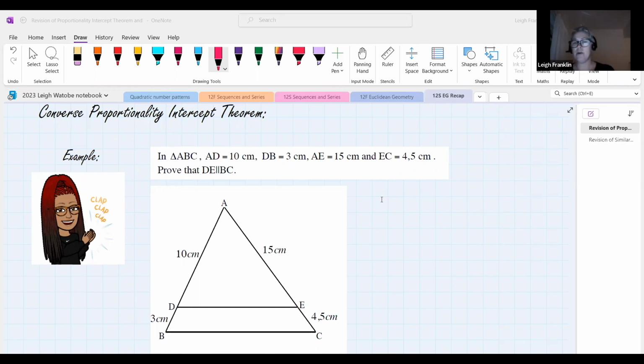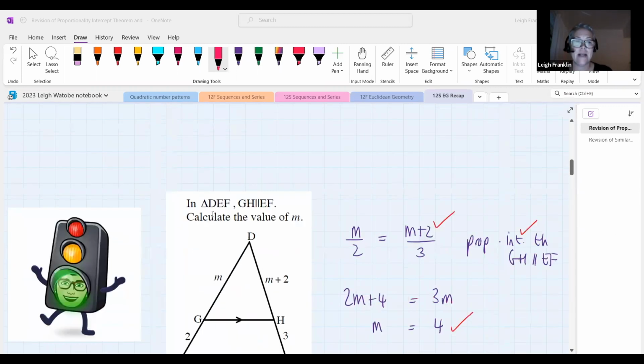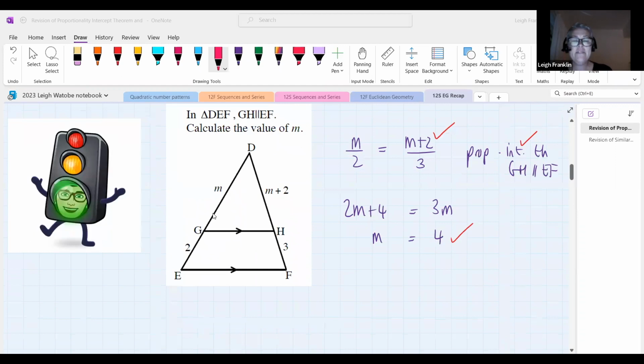Remember, the proportionality intercept theorem tells us that if in a triangle there is a line parallel to the third side of the triangle, it cuts the remaining two sides into the same proportions. That's what we were doing in this question. It's because GH was parallel to EF that it allowed us to write m over 2 equals m plus 2 over 3. When we are doing a converse, we are working backwards.